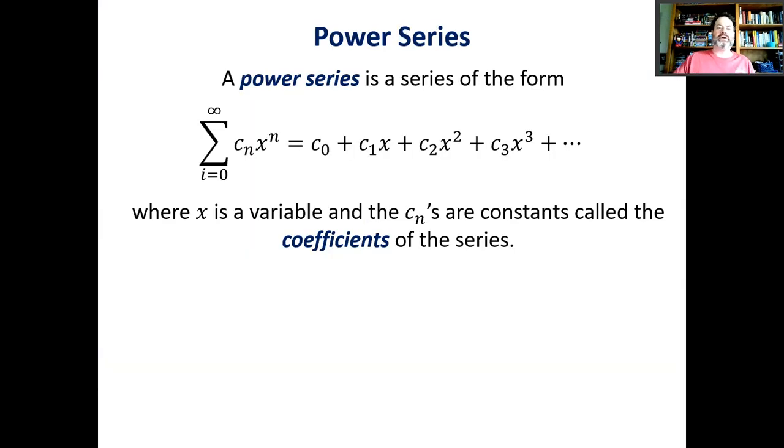Okay, so a power series is anything of this form where it just looks like a big polynomial, basically, right? It's a constant, which is a coefficient, then times x to the nth power, and it's the sum from 0 to infinity, and you get this sort of infinitely long polynomial.